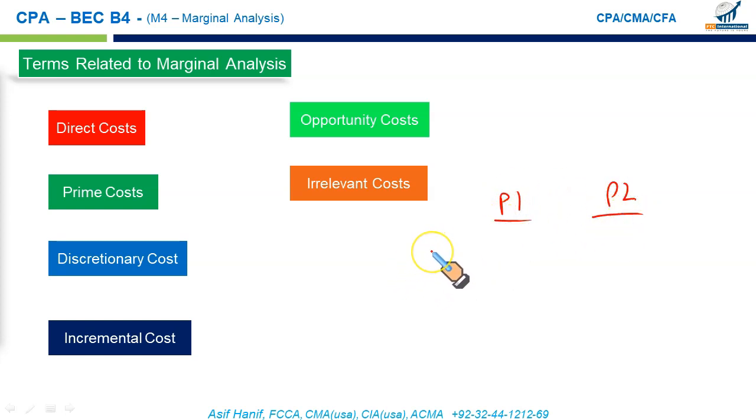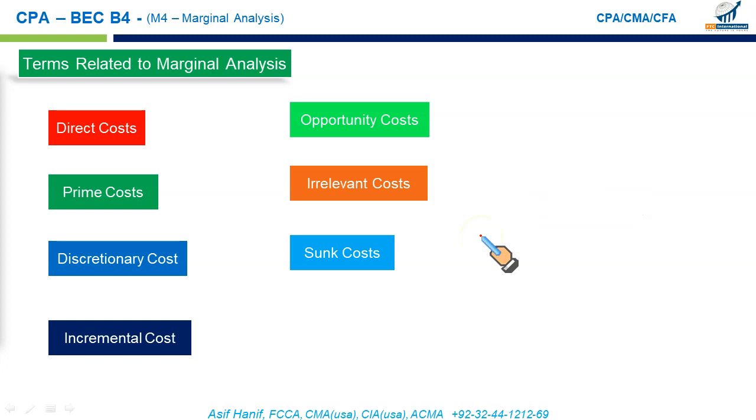We have a chief consultant who is paid $10,000 per year, for example. So whether you take on project 1 or project 2, the cost is the same. In both of these projects, we have to pay him irrespective of which project is chosen. So this cost paid to the chief architect consultant is irrelevant.